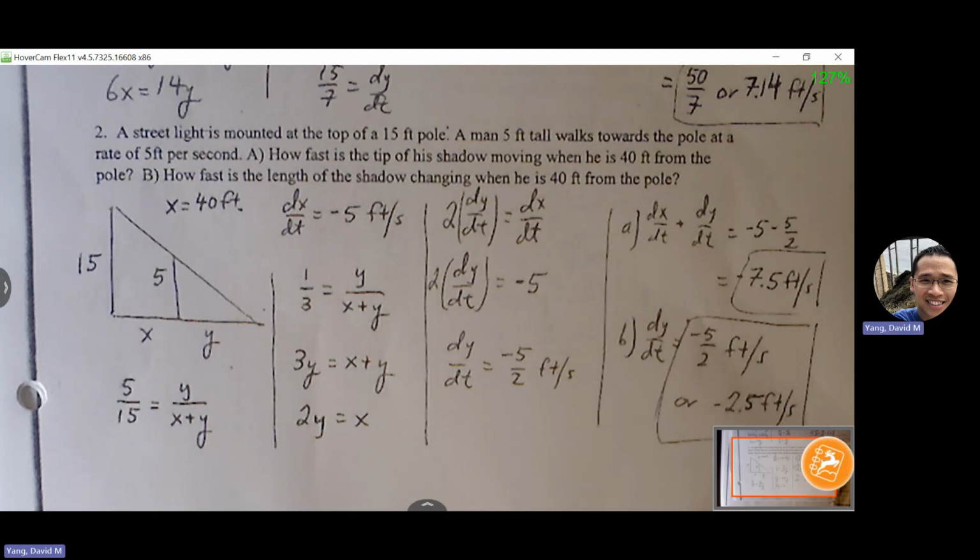Okay. Any questions with this very specific type of shadow problem here?